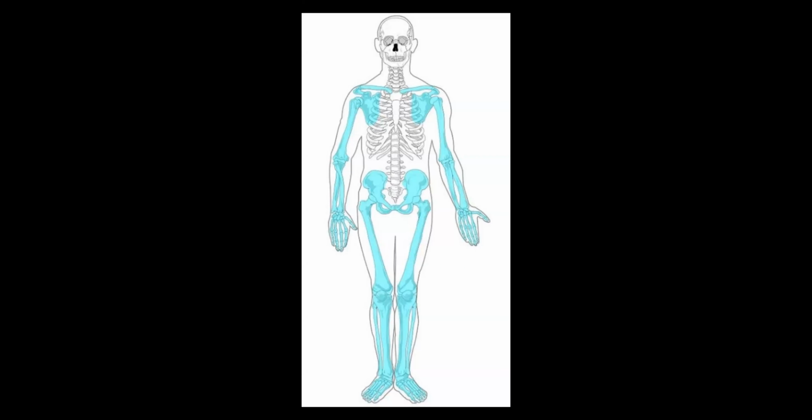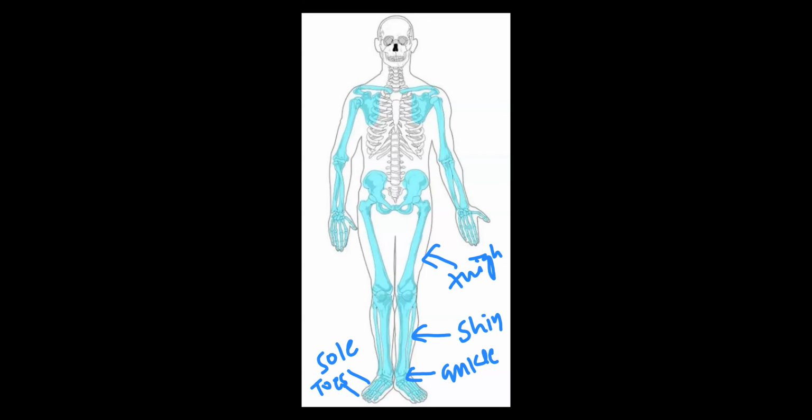See, parts: if you say this is the thigh region, here the shin, the back part is called calf, here the thigh, then shin in front and calf behind, here the ankle, below that comes the sole, and toes. Instead of fingers, we rather use the word toes. These are the parts of your leg.